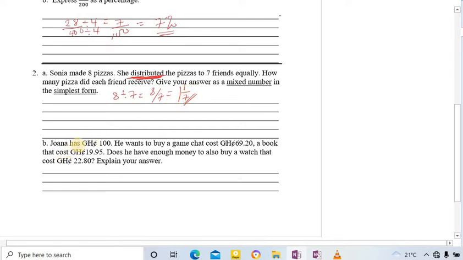Okay, B. Joanna has Ghana cedi 800. So when you are solving word problems, make sure you read everything first. Joanna has Ghana cedi 800. She wants to buy a game that costs 69.20 Ghana cedis, and a book that costs 19.95 Ghana cedis. Does she have enough money to also buy a watch that costs 22.80 Ghana cedis?